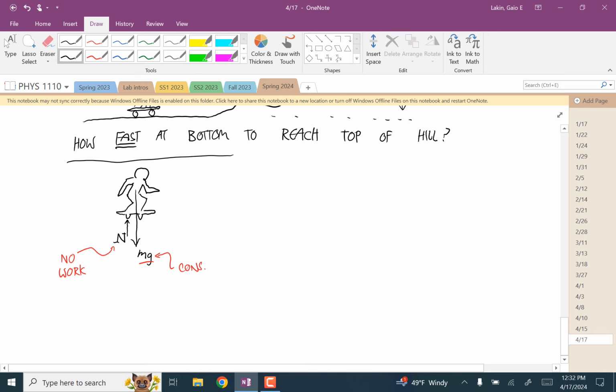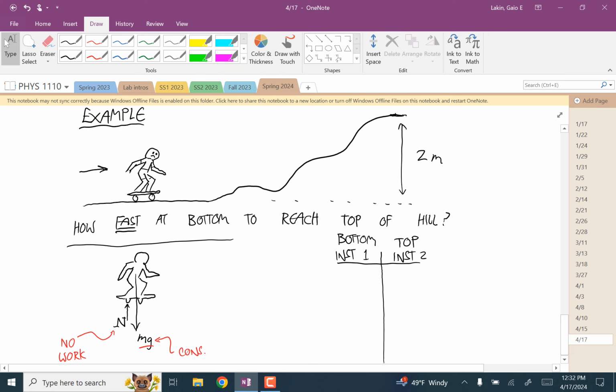So now I'm going to set up a table again. Instant 1 is at the bottom of the hill, and instant 2 is at the top of the hill. What do you want to choose as our height equals 0 in this problem?